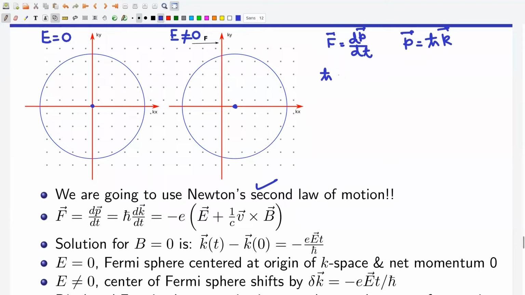That means ħ dk/dt is equal to the force. The rest of the equation remains as before.